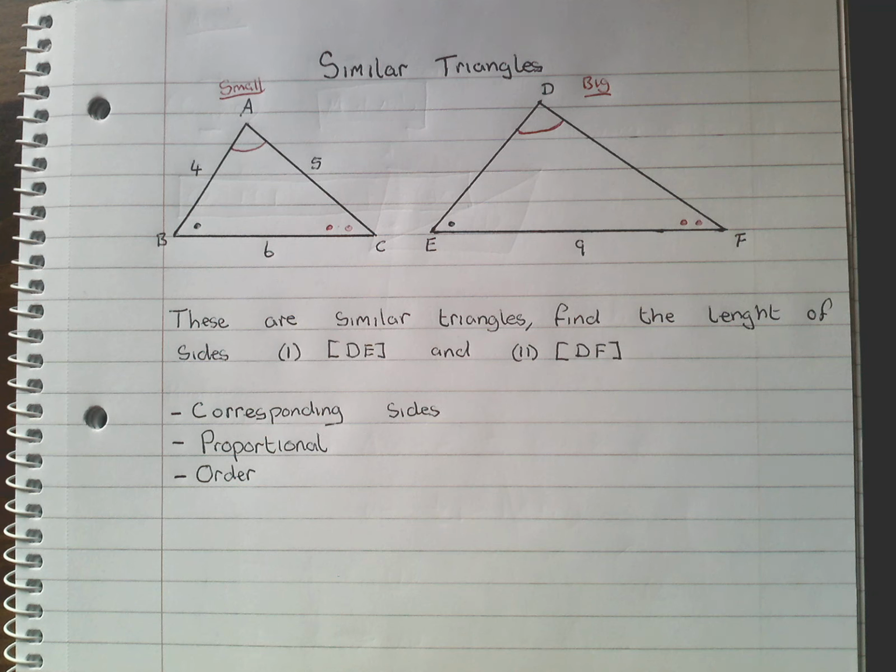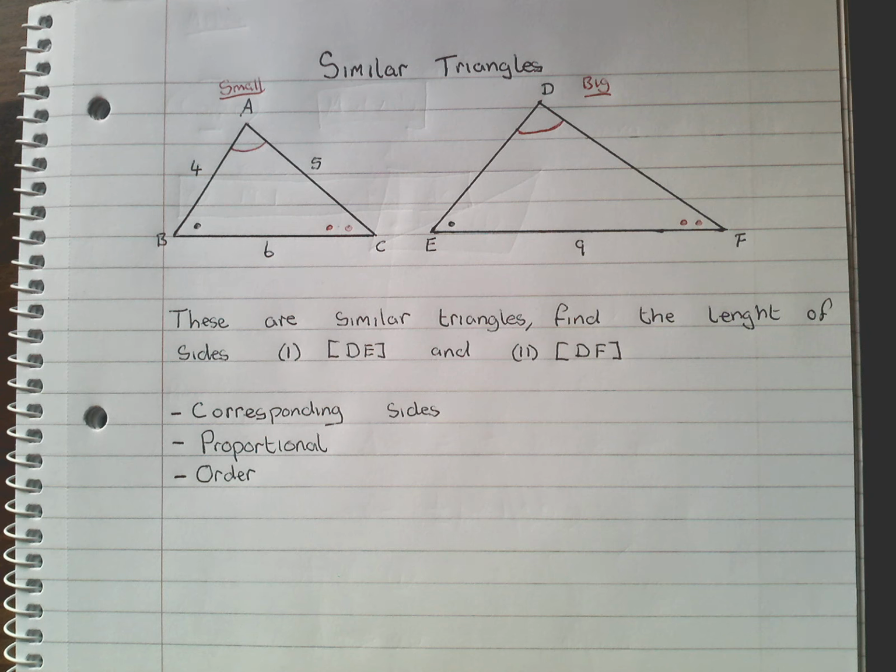If we have a look here, we can't really use this one to find the correspondence, because it doesn't give us the size of this line here. So we can't work out the correspondence between these two. If we look at this one here and this one here, again, there's no number value on this side of the triangle, so we can't figure out the correspondence between these two corresponding sides.